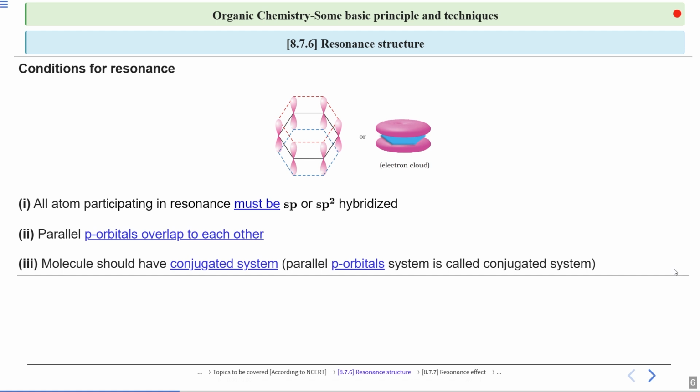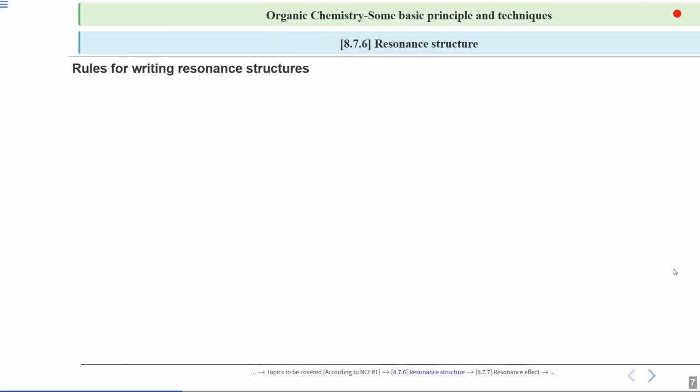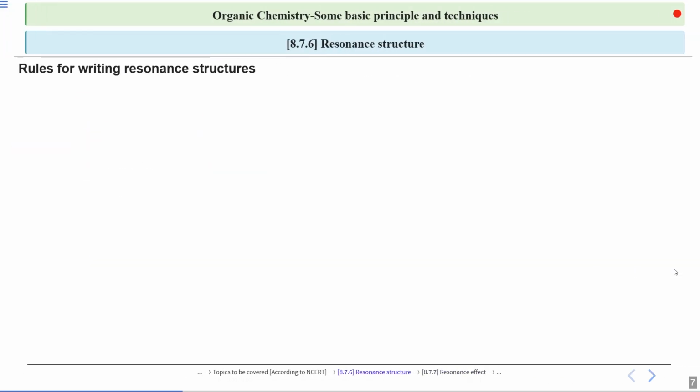Now moving on further, this is the basic criterion. Remember this. This is the structural pattern that you should remember for every molecule to undergo resonance: their p orbitals should be available for sidewise overlapping. But we need some convenient method to represent this complex orbital structure, so we will introduce you to some rules for writing the resonance structure.